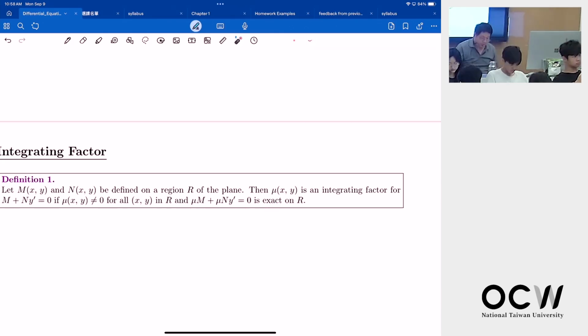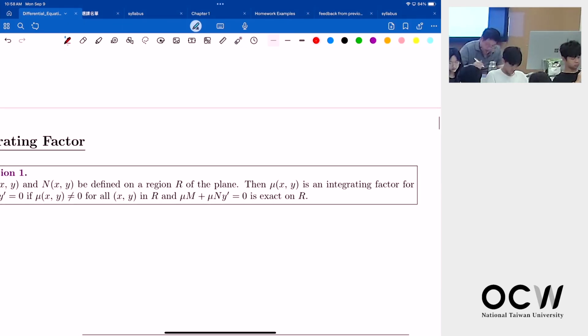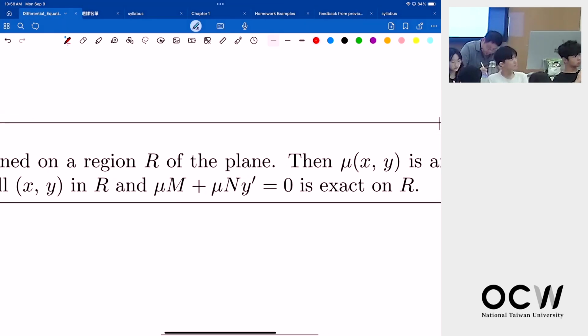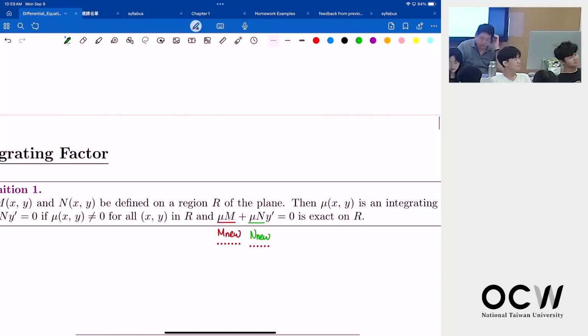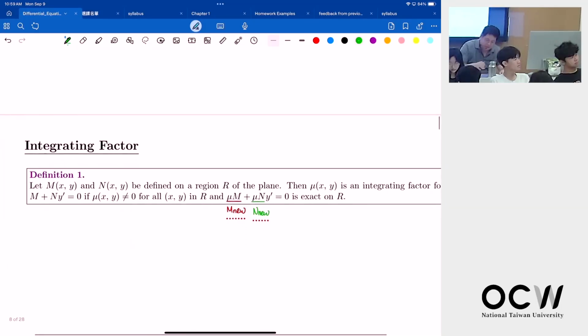It will be the solution. I will say this becomes your new M. This is your new N. So this equation is exact.